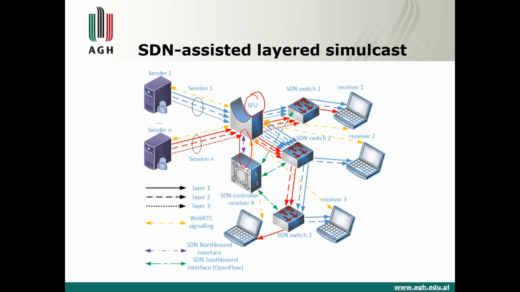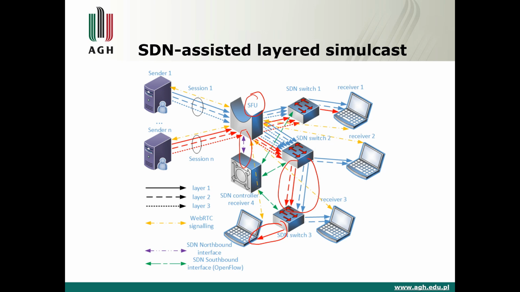We also get information from the switches, for example, about available bandwidth in each part of the network, for example, in this link, how it's occupied, and about the link to the end user.